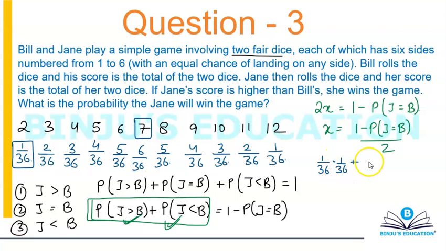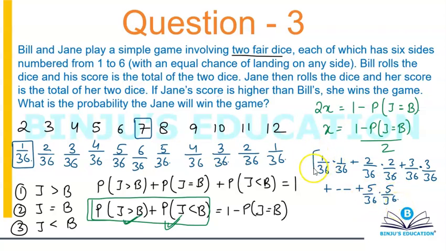If they both scored 3, it will be 2 by 36 into 2 by 36. If they both score 4, it will be 3 by 36 into 3 by 36. And so on and so forth up till 5 by 36 into 5 by 36.